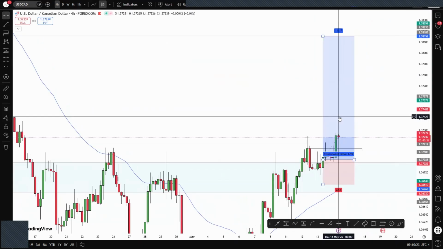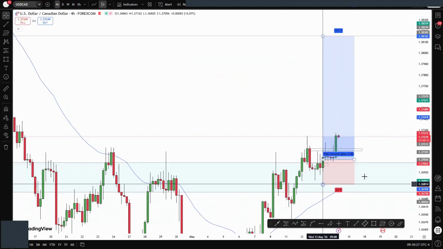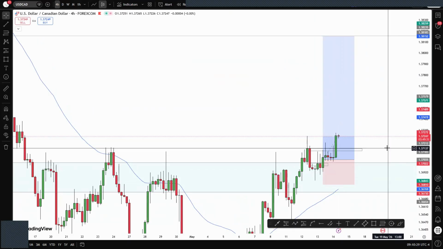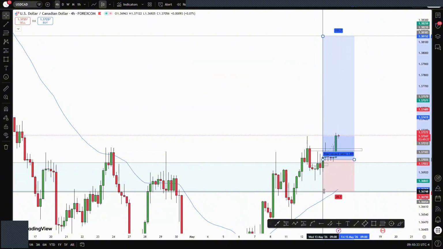So that's right around that level, but my stop was here. Yeah, my stop loss was right around here.